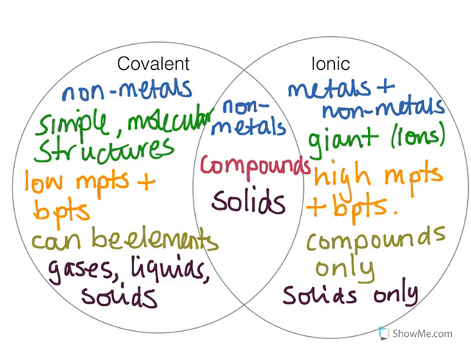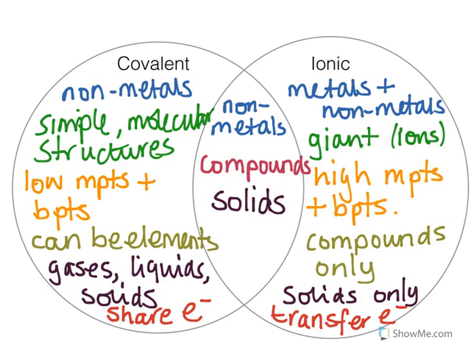And one last thing that we should put in is how they bond. If you remember, covalent substances bond by sharing electrons, whereas ionic substances bond by transfer of electrons from the metal to the non-metal.